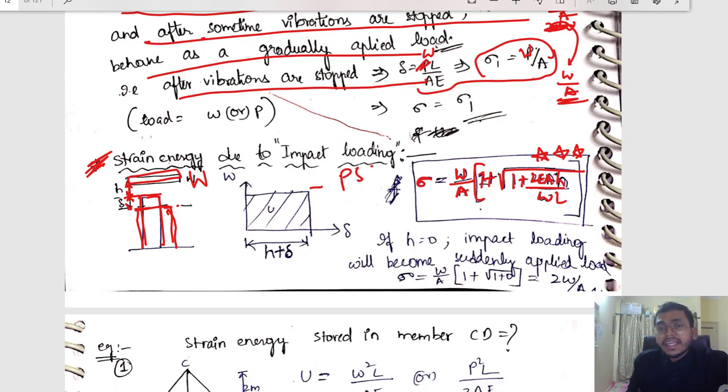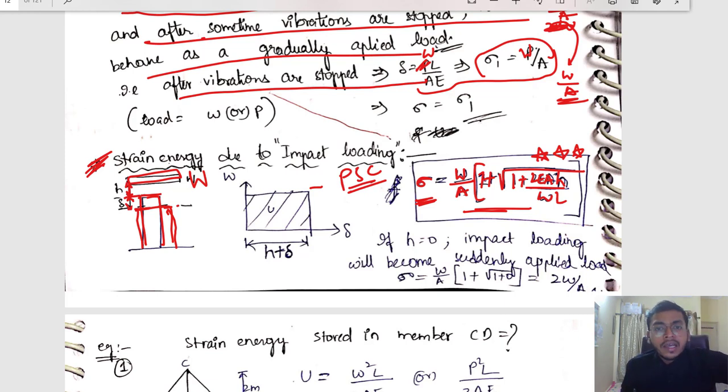You open any state PSC examination, whether it is of Andhra Pradesh, Karnataka, Bihar, it doesn't matter, you will find the stress due to impact loading as a question. You have to select the answer. They will play with signs. In one option it will be 1 plus, in another option it will be 1 minus, like that. The right answer is W by A into 1 plus under root 1 plus 2EAH by WL. Never forget this.